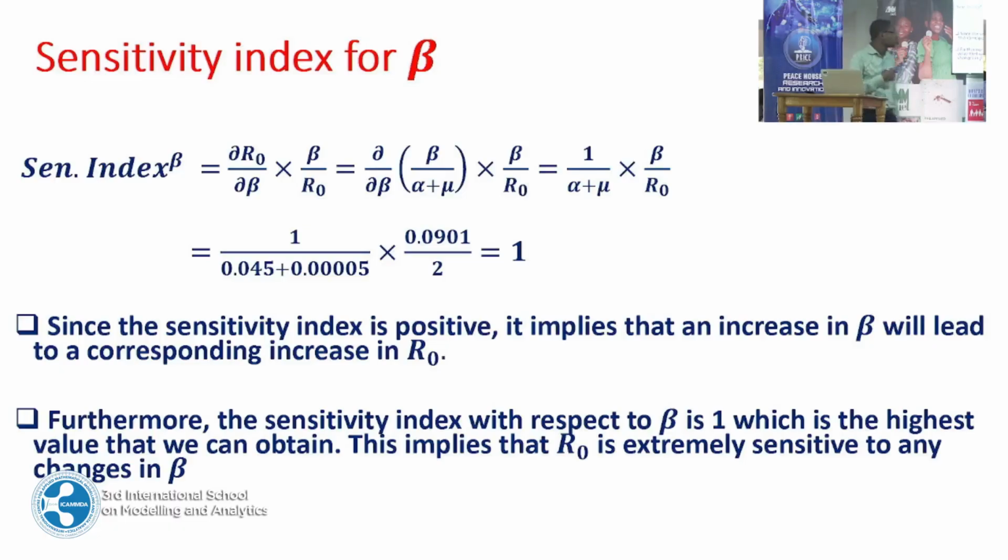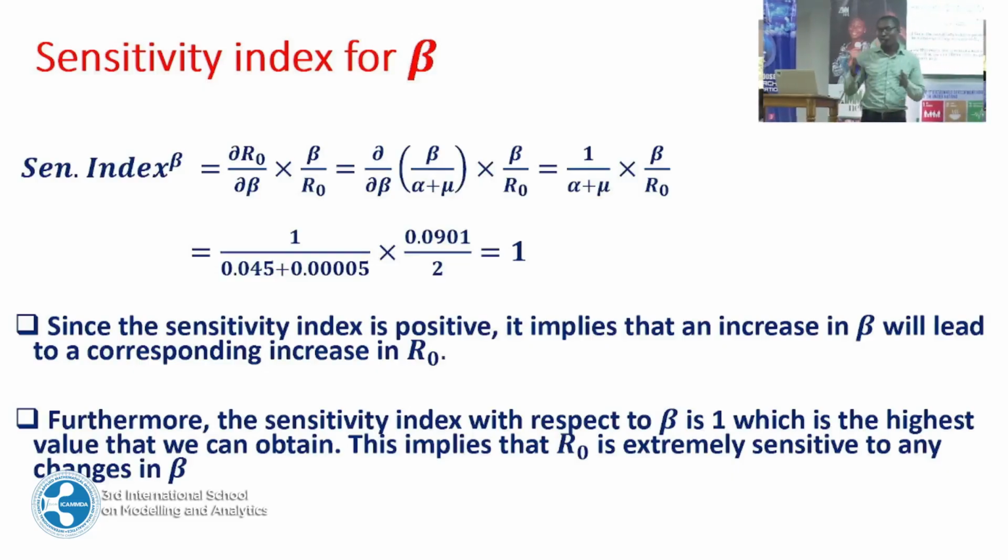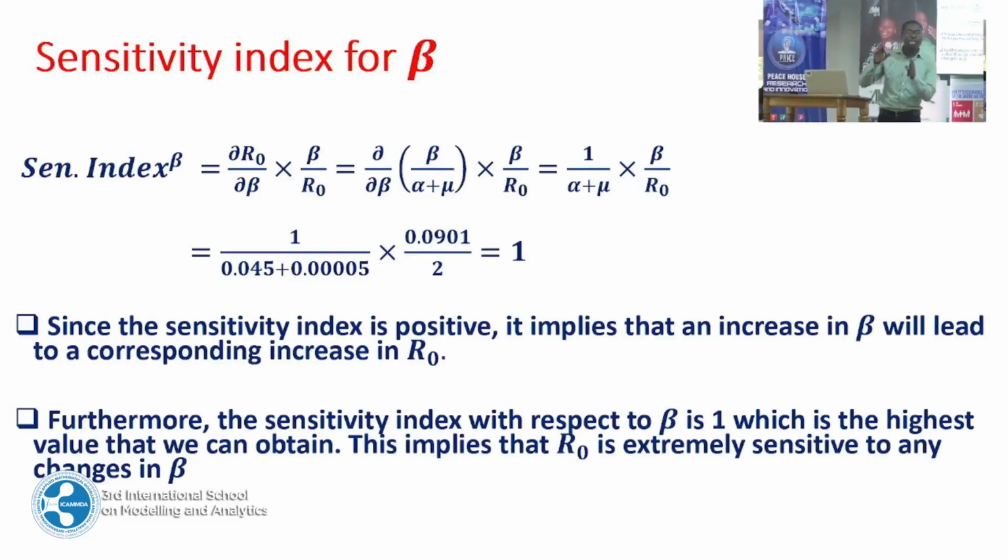Also, the sensitivity index with respect to beta is 1, which is the highest value that we can obtain. Remember, we said that sensitivity index is usually between -1 and 1. Now, the closer it is to 1 or to -1, the stronger the correlation between them.